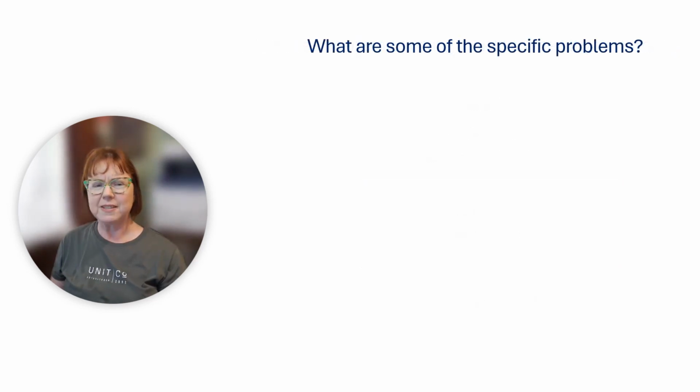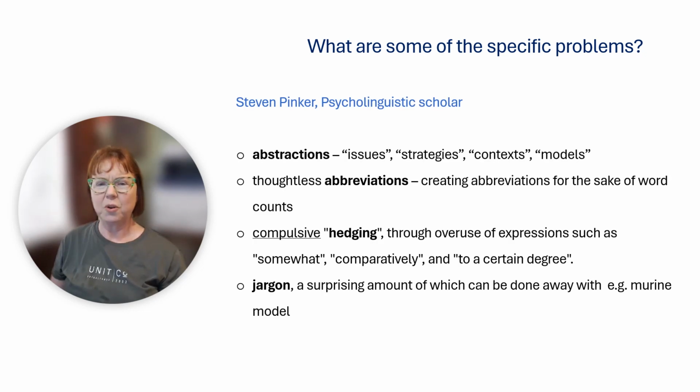To go a bit more specifically into the problems, I want to pull from the work of Steven Pinker, who is a psycholinguistics scholar. I'm just going to pull out a few of the things that he highlights as being key to why academic writing has become, in some instances, very impenetrable. So, upfront, I'd like to say I probably am guilty of all of these things on a daily basis.